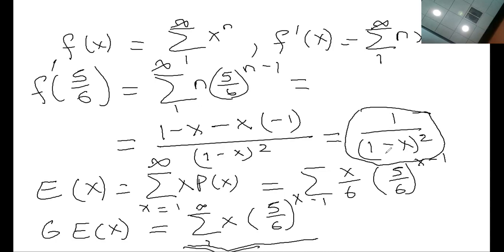So 1 minus 5 over 6 is 1 over 6. 1 over 6 squared is 1 over 36.